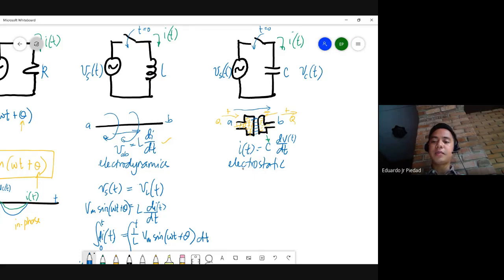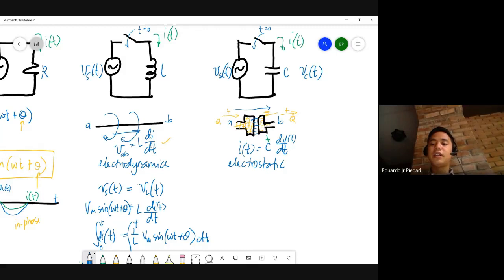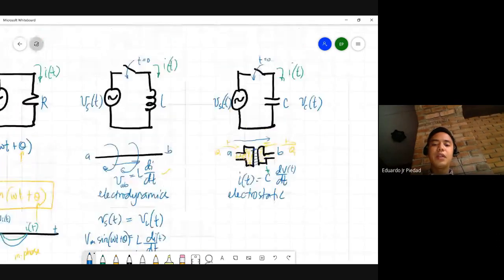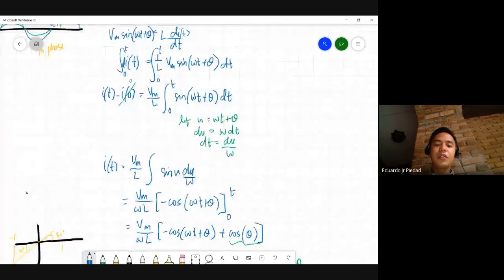Actually, we need to use the KCL, because the current of the capacitor depends on the changing voltage. So we can think of voltage as the variable. In the previous one, we treated the current as the variable, so that's why our solution there was current.